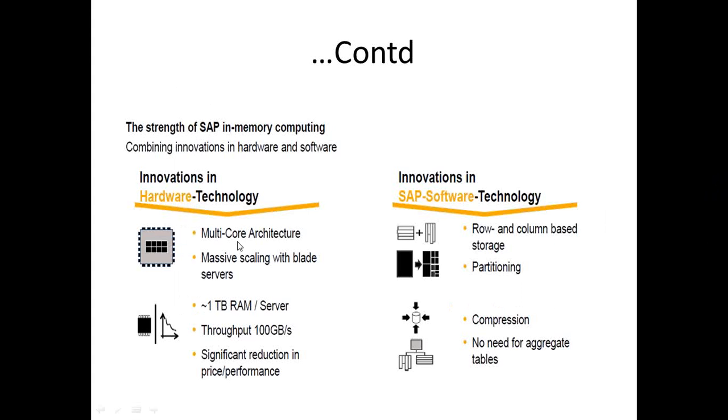Where we are right now is one CPU is able to accommodate 10 cores, meaning the parallel processing is 10 times. So what was taking 1 hour can come down 10 times, meaning it takes 6 minutes to process the entire thing.